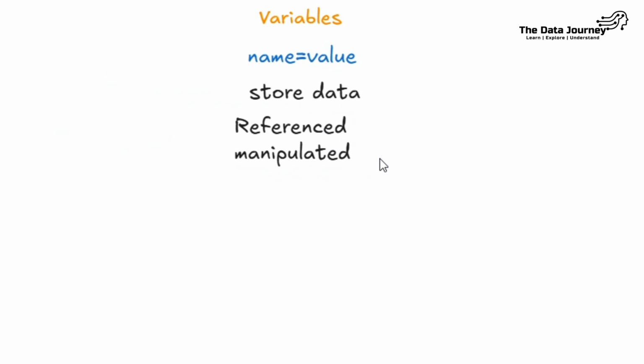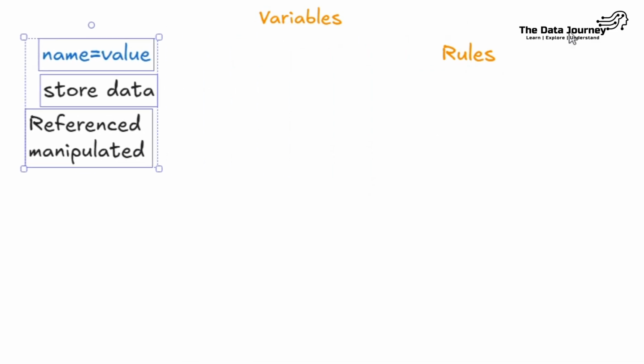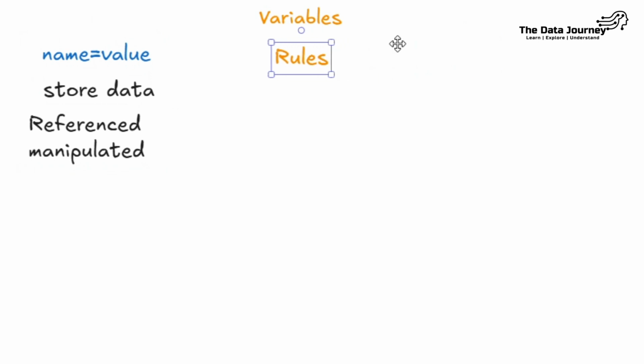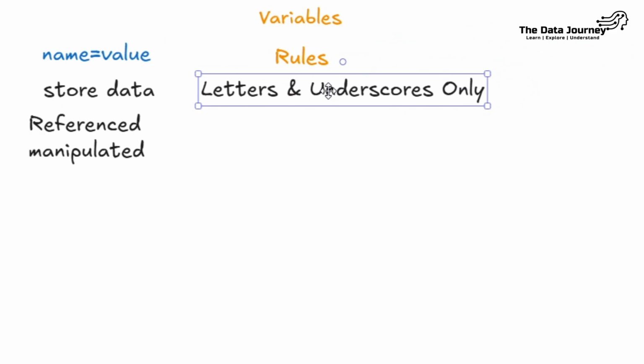Okay, again here, to write a variable, there are some rules to follow. Let's look into the rules first. The first one is letters and underscores only.